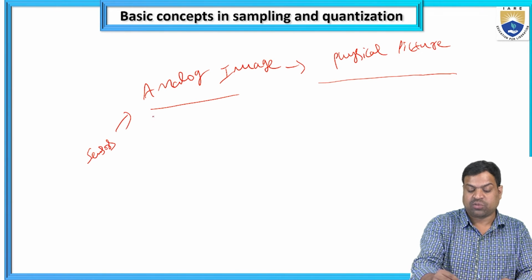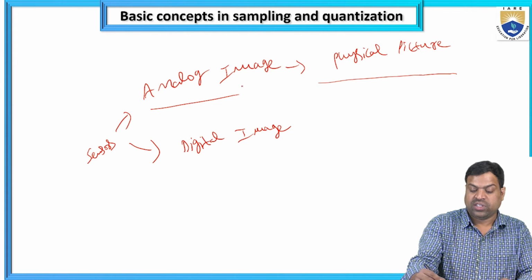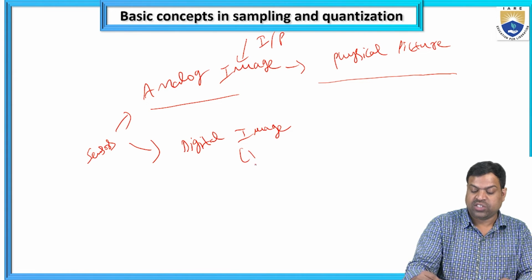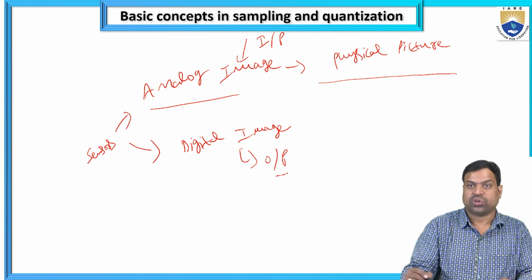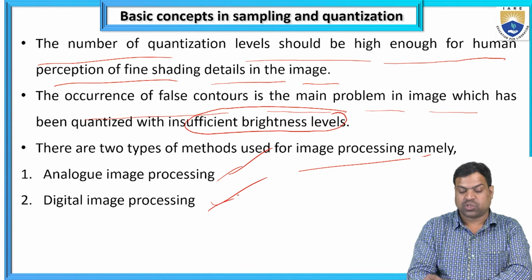This physical picture is converted to a digital image. So this analog image I am calling an input, and this digital output I am calling an output. So there are two types: analog image processing and digital image processing.